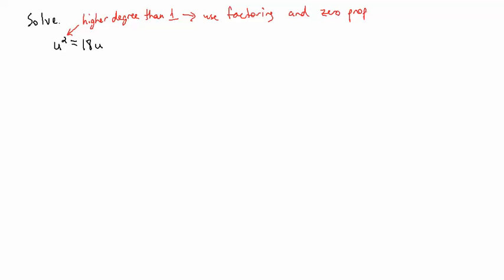We know that we have to do that because we have a higher degree than 1. So what we need to do is get 0 on one side. I'll do that by subtracting 18u from both sides, giving us 0 on the right side.